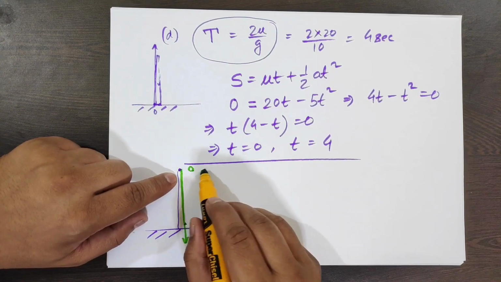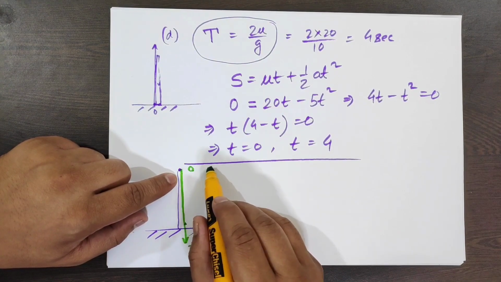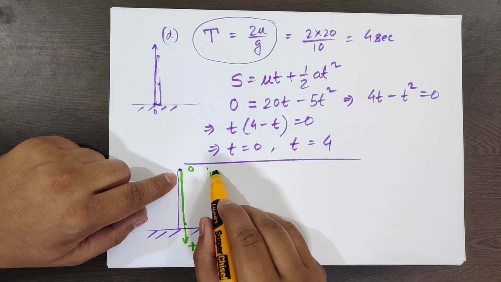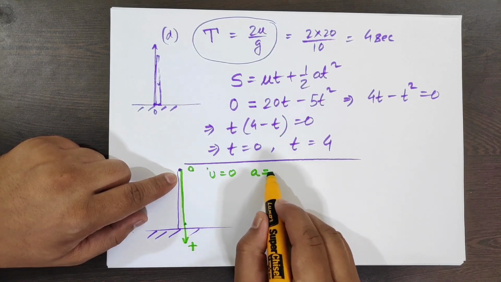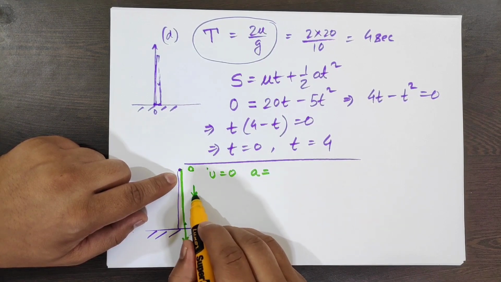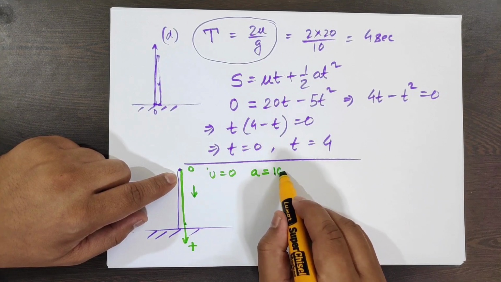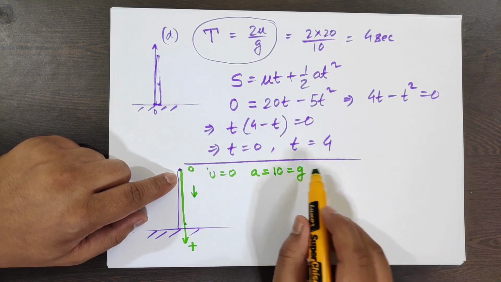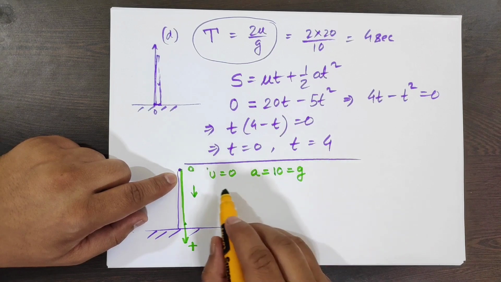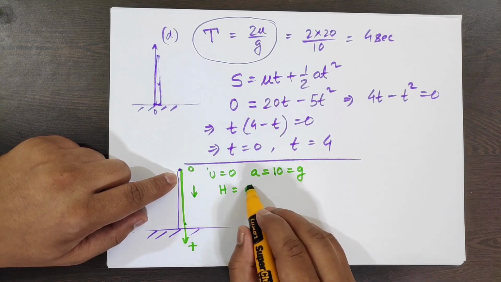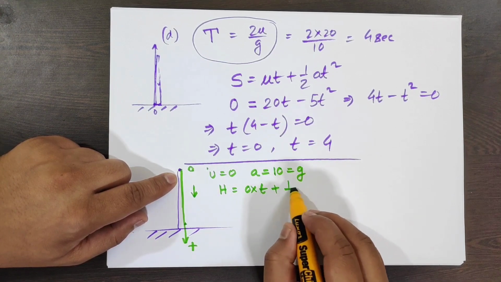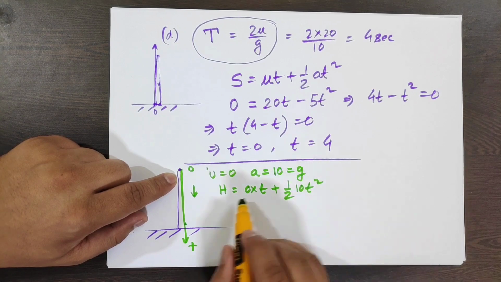So here you choose the velocity is equal to 0. So u is equal to 0 and a, as the axis is downwards, you choose a equal to plus 10 or plus g, and hence h equal to 0 times t plus half 10 times t square.